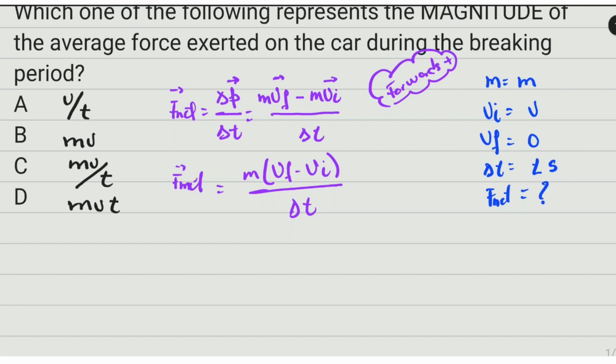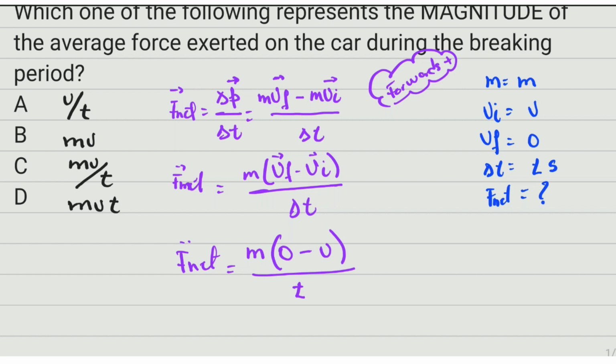Now we can substitute what we have. F net, which is the average force they're asking you to calculate, is equal to the mass m multiplied by the final speed, 0, minus the initial speed v, divided by t.